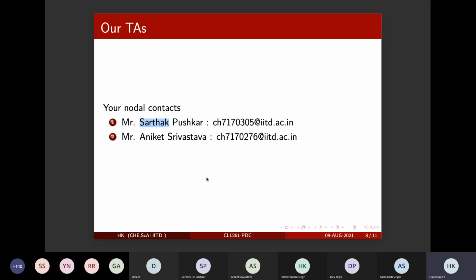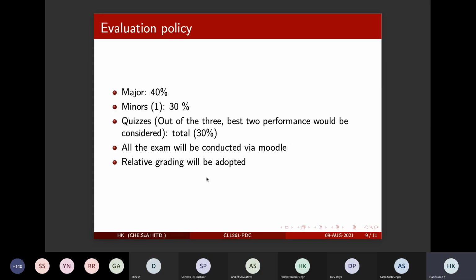Just to keep that clean. Okay, so this would be the evaluation policy of the course. We have a major worth 40% towards the end, and as per the calendar, we have only one minor. That would take 30%, and the remaining 30% would be quizzes.